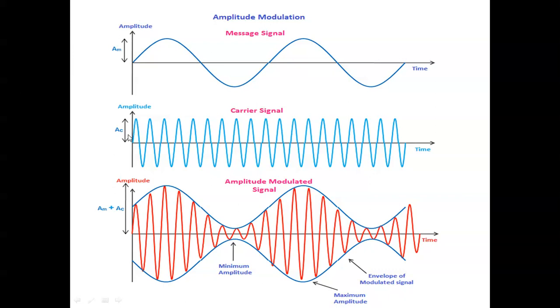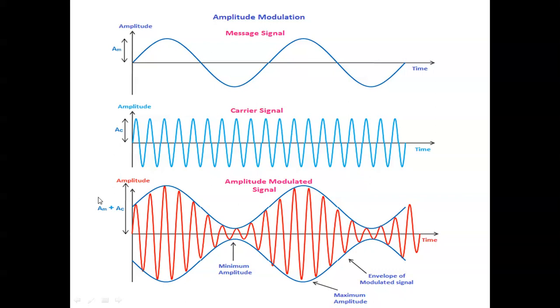This one is the amplitude modulated output signal. Here is the minimum amplitude, and we get the information from the maximum amplitude. The blue line is called the envelope of the modulated signal.